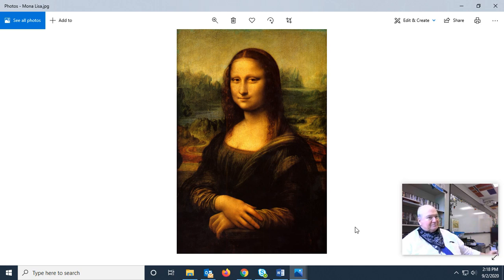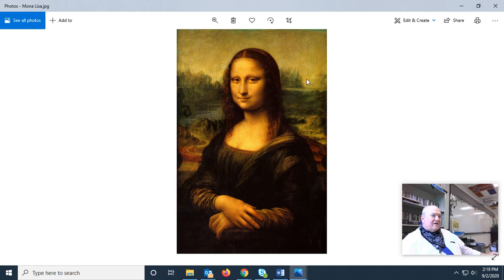It is little. It's a little painting. It's like 29 inches by 20 inches, something like that. It's not very big at all. And so, yeah, this is the Mona Lisa. And if you look back here, this is what I really wanted to show you. Look at these trees.